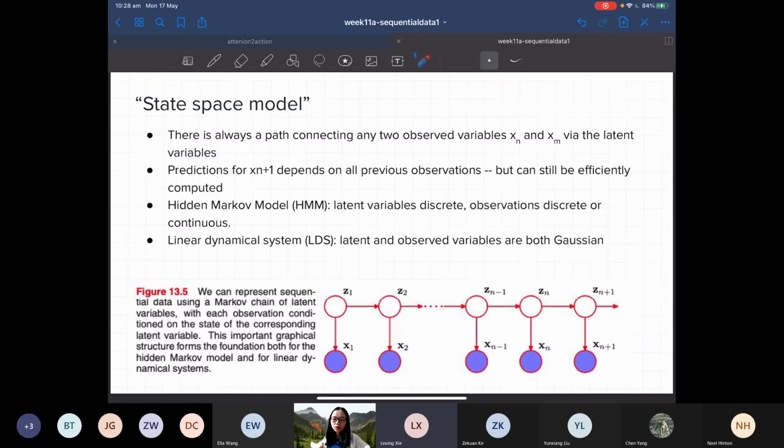For this session, we're just going to say we have discrete latent variables, and the observations can be discrete or continuous. In particular, if we have speech, the observations of waveforms or spectrums can be continuous, but if we have, let's say, words, then the observations are also discrete.